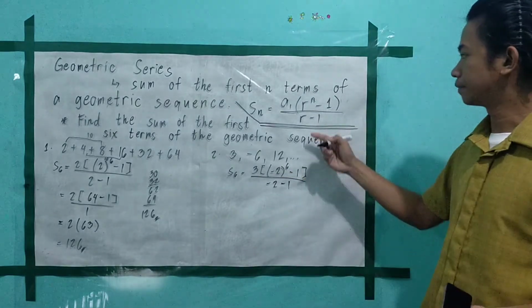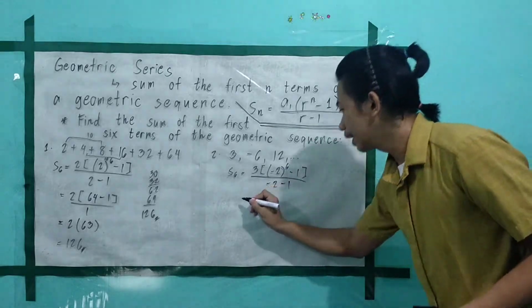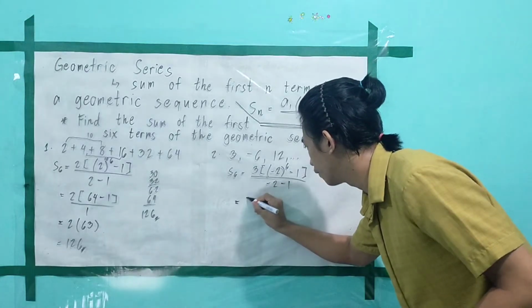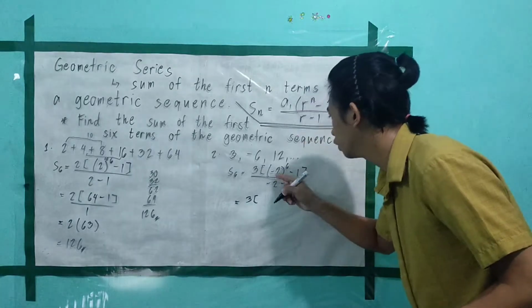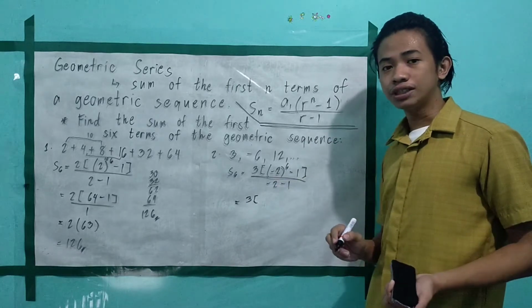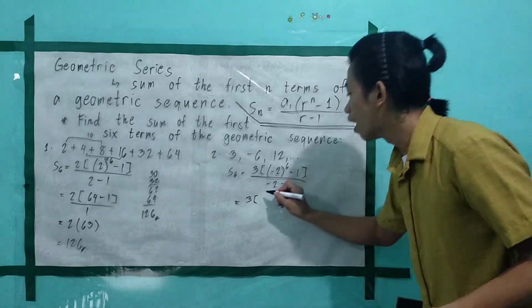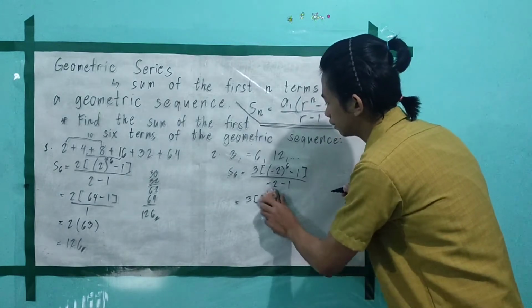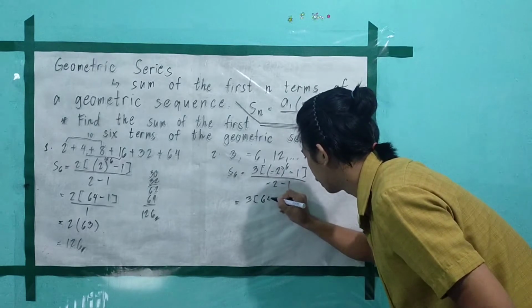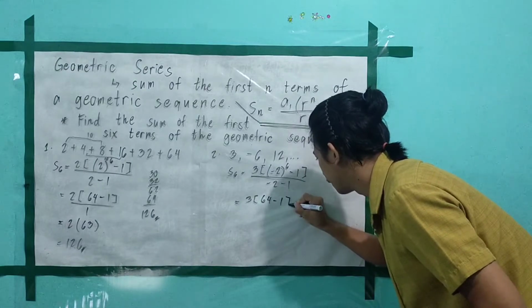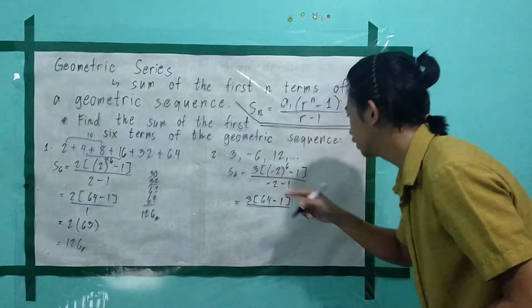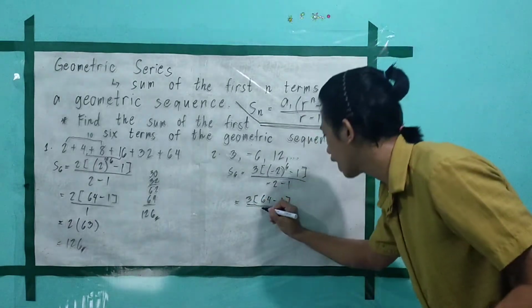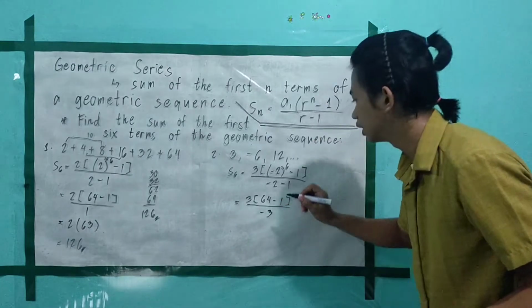Yan, by the formula. Next, simplify natin, we have 3 multiplied to negative 2 raised to 6 is positive 64. Positive 64. Less 1 all over negative 2 minus 1, we have negative 3.